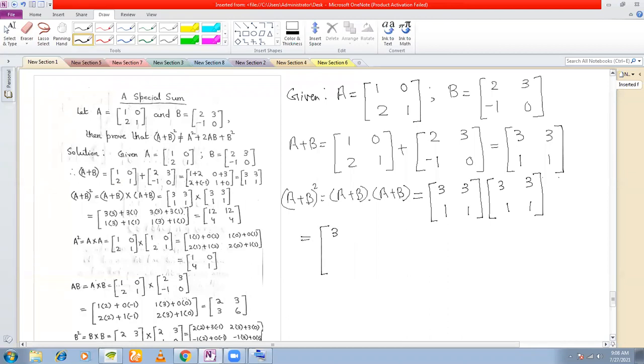First row, first column, so 3 into 3 plus 3 into 1. Next, first row, second column, so you get 3 into 3 plus 3 into 1. Next, second row, first column, so you get 1 into 3 plus 1 into 1. Second row, second column, 1 into 3 plus 1 into 1.